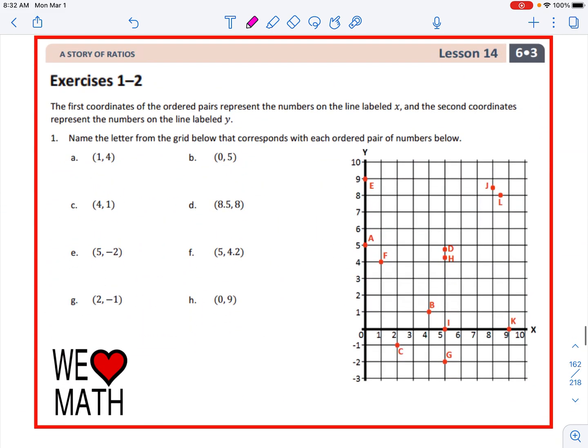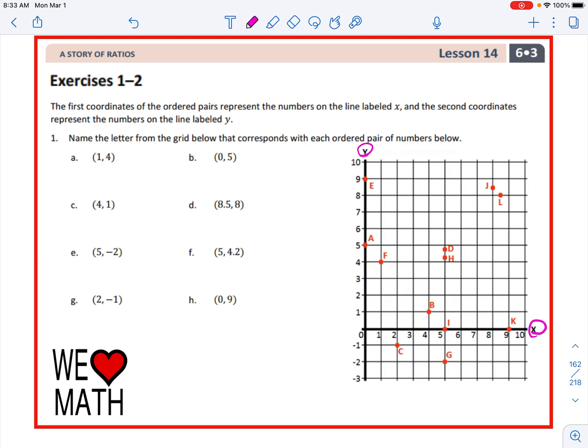Exercise 1 tells us the first coordinate of the ordered pair represents the number on the line labeled X. So this is the x-axis. X is always horizontal, and the second coordinate represents the numbers on the line labeled Y. Y is always vertical, up and down.